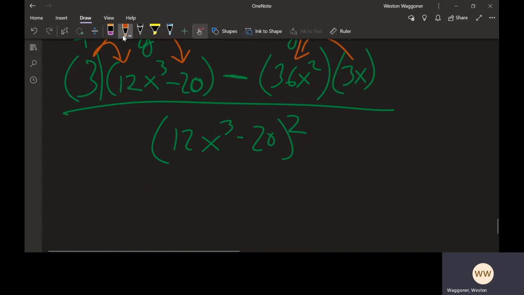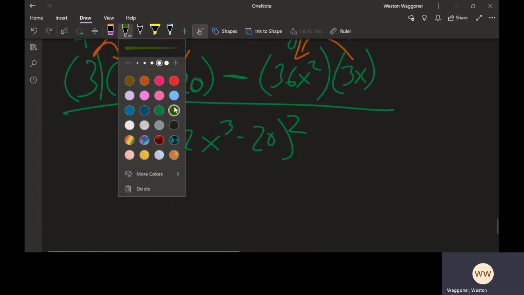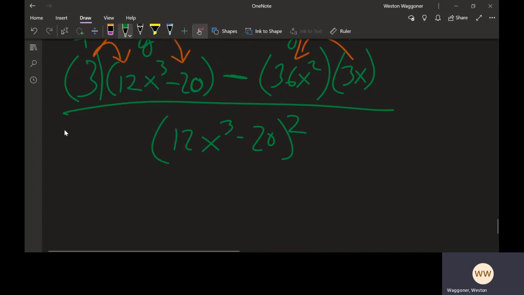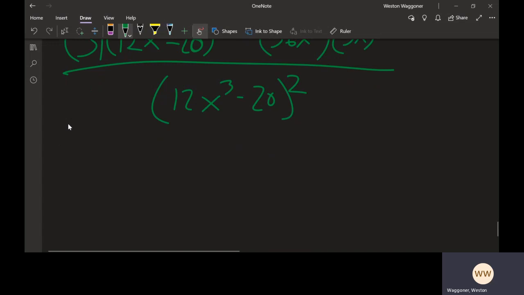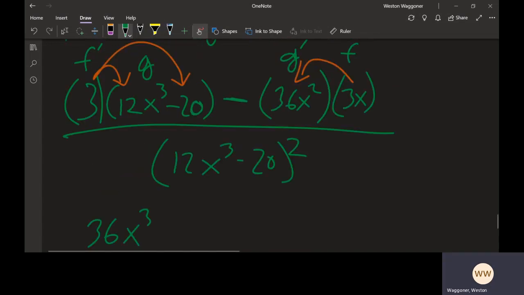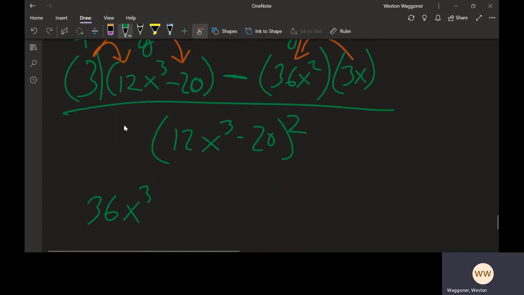So what we're going to get, it's actually going to come out nice. 3 times 12 is going to give us 36, right? x cubed minus 60. And now I'm going to still have a subtraction of 3 times 36.